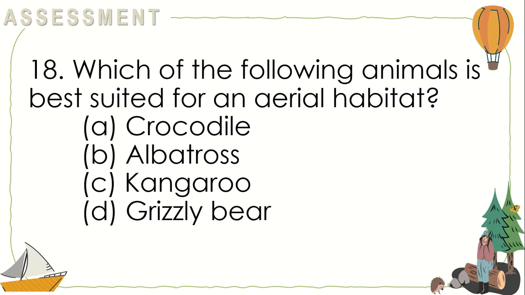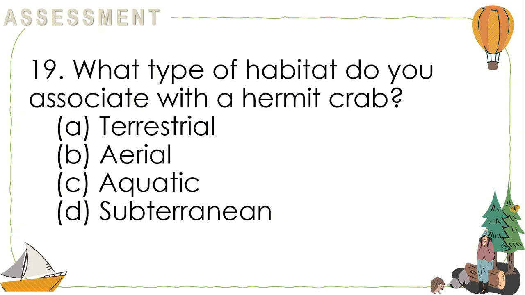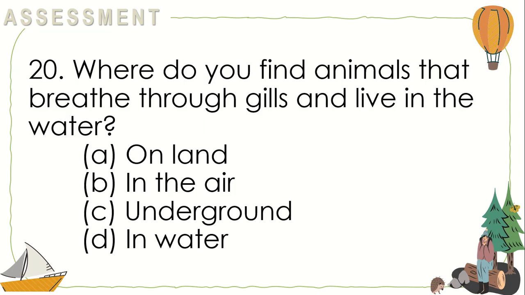Number 18. Which of the following animals is best suited for an aerial habitat? Number 19. What type of habitat do you associate with a hermit crab? Number 20. Where do you find animals that breathe through gills and live in the water?